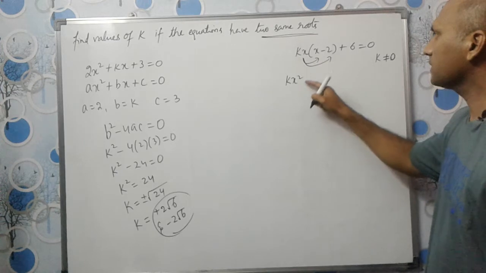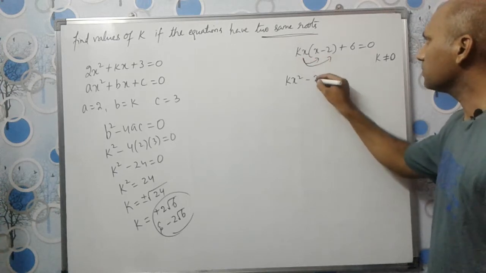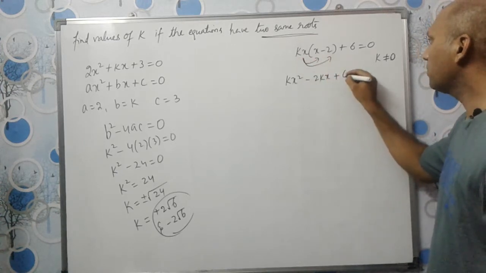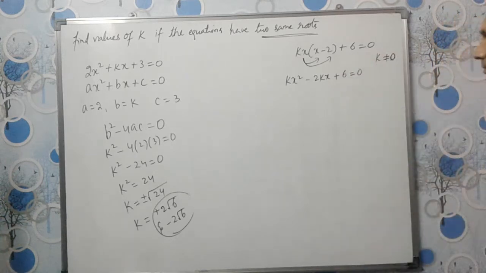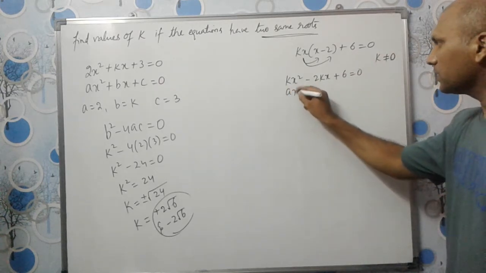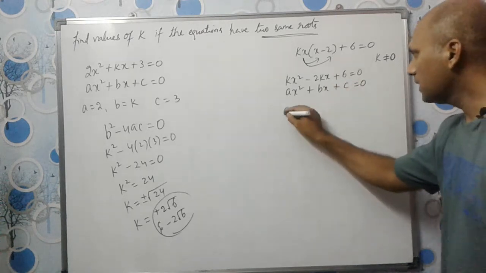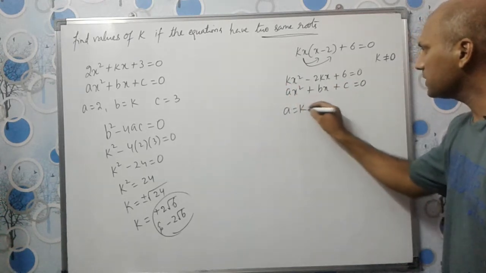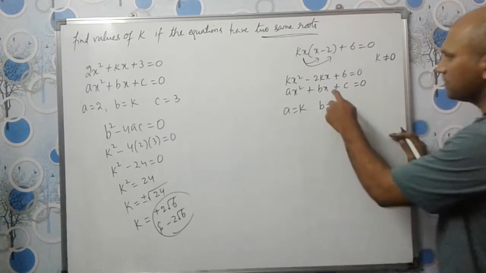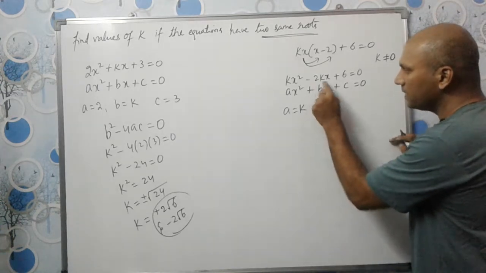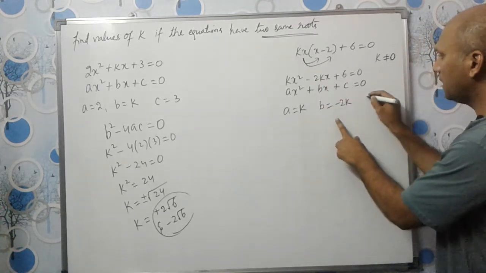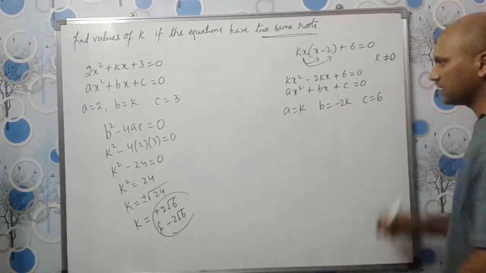Let us simplify this and write this in the standard form. Kx into x is kx square. Kx into minus 2 is minus 2kx, plus 6 is equal to 0. If you compare this with ax square plus bx plus c is equal to 0, a value is equal to k, b value is equal to minus 2k and c will be equal to plus 6.